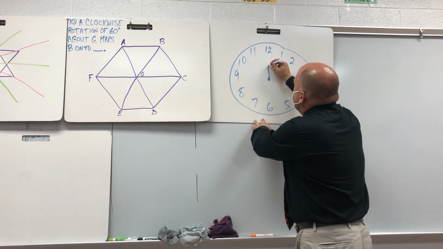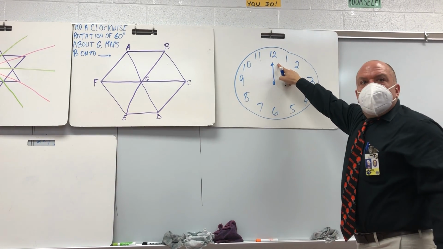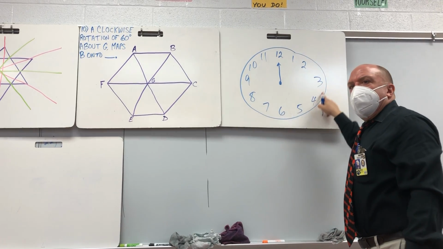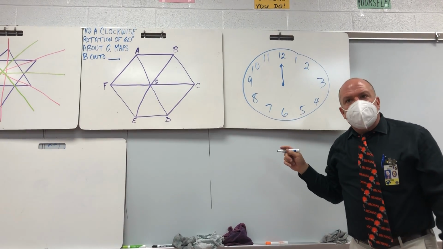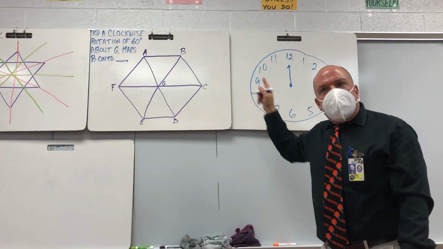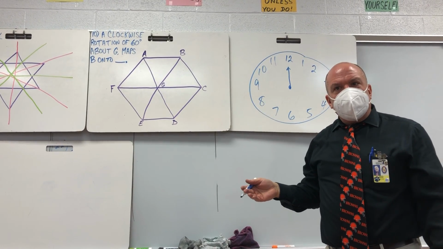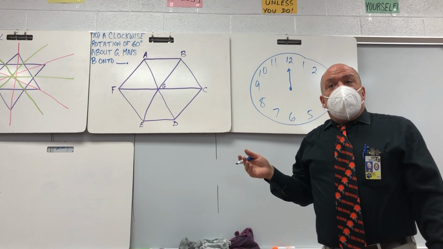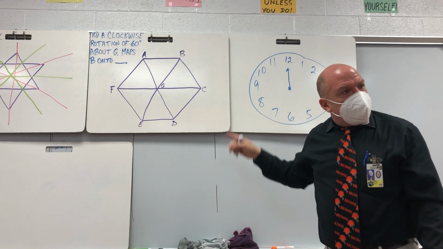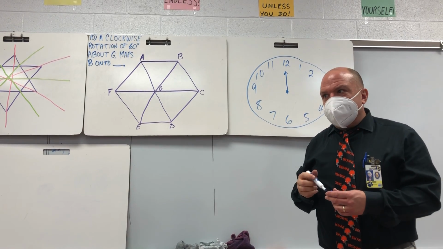And the hand, does it go this way or does it go this way? It goes to the right, right? Right is called clockwise because that's how a clock normally turns. Counterclockwise means the opposite direction. Okay? Make sense?